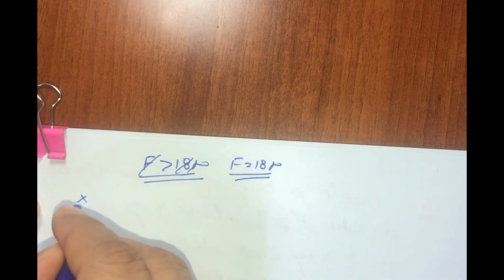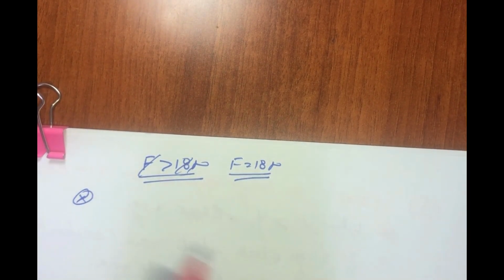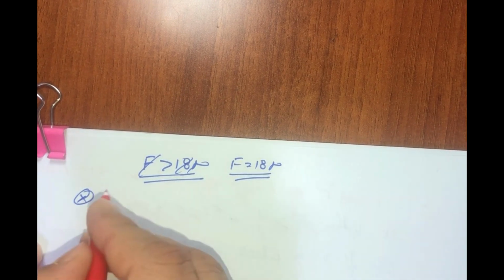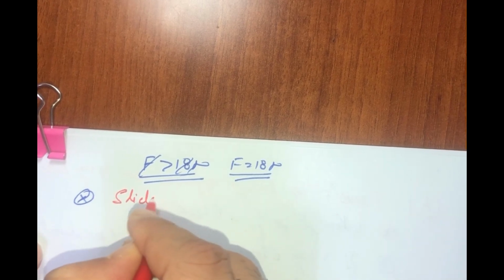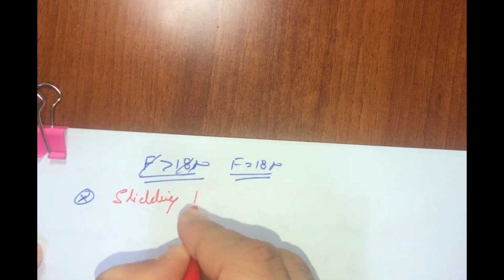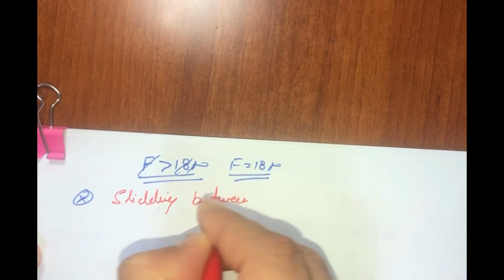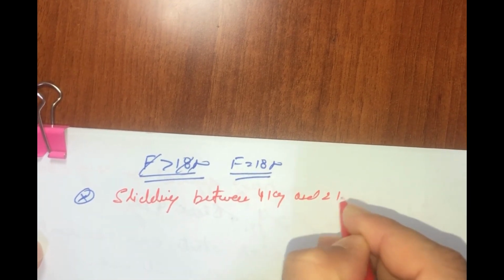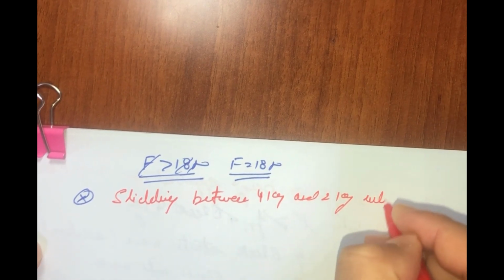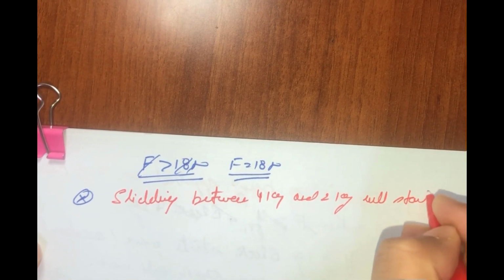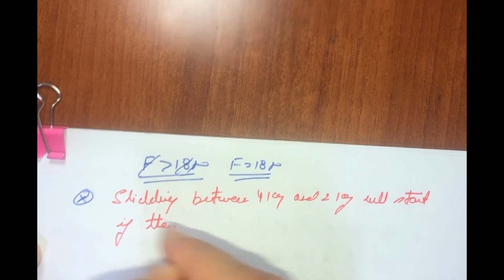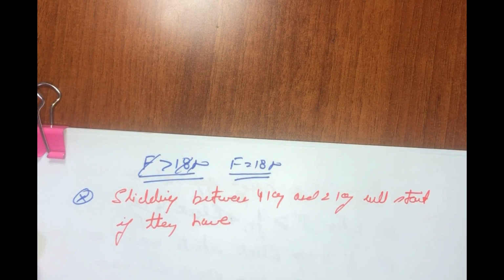Now, sliding between the 4 kg and 2 kg will start if they have different accelerations.